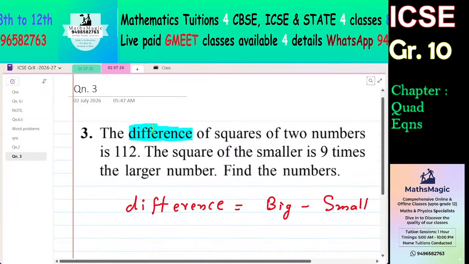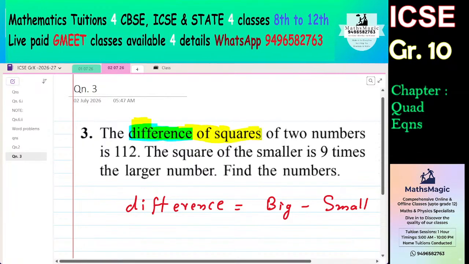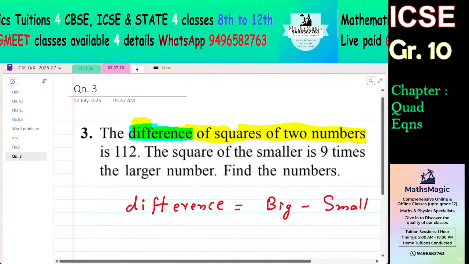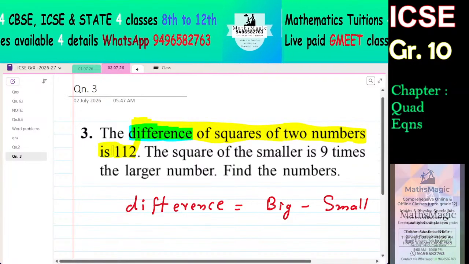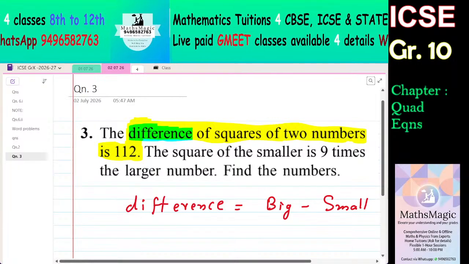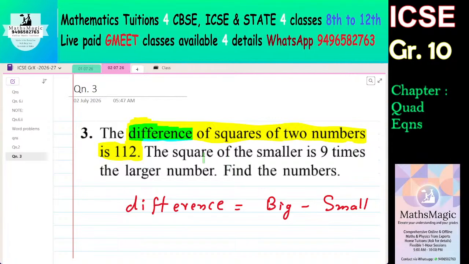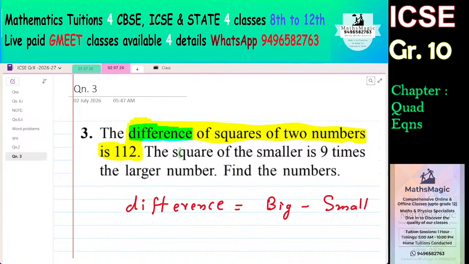So our first condition is the difference of squares of two numbers is 112. That's the first condition. And the second part is the square of the smaller is 9 times the larger.